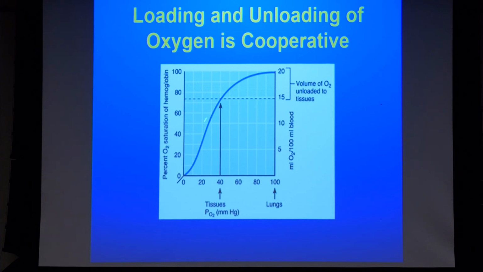And as we come down on this curve, we'll see that here at 40 millimeters of mercury, we're about 75% saturated. We're on such a steep part of the curve, it's easy to go to full 100% as those erythrocytes are moving by the alveolar space.